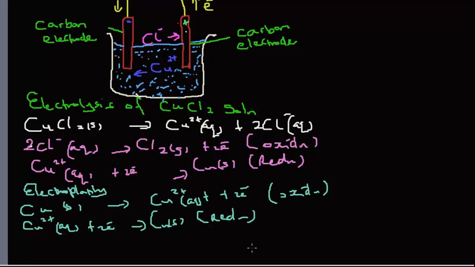Our cathode is going to be coated with pure copper, and so it is going to increase in size. On the other hand, our anode is going to decrease in size, and that's why we are saying that this is an oxidation reaction. Therefore our copper is going to be purified by an electroplating process, or what you call an electrolytic process.